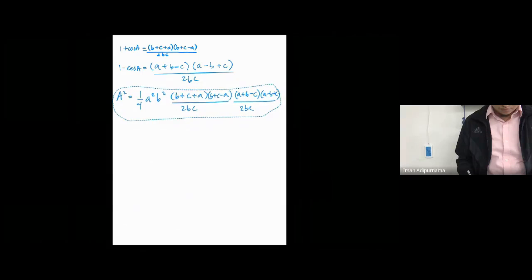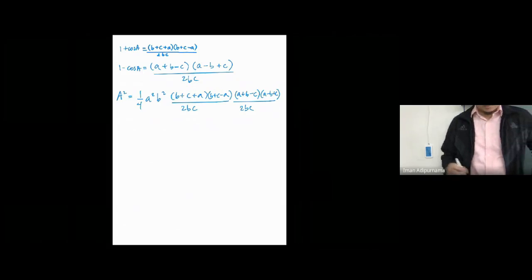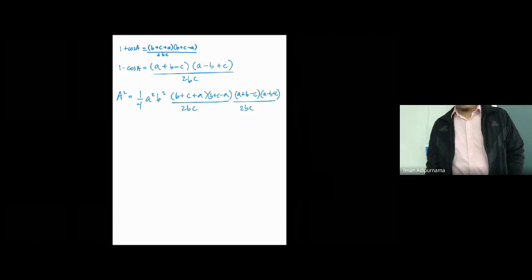Seems complicated, but let me finish this. a plus b plus c, a plus b minus c, c plus a minus b, c minus a plus b, divided by 2, 2, 2, 2.